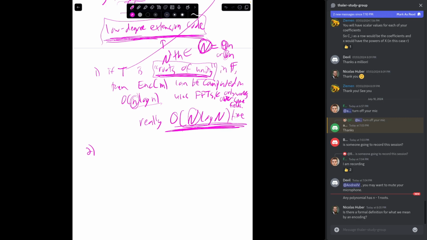And let's say you use the low degree extension code, so P is the low degree extension encoding. But this is with univariate polynomials.